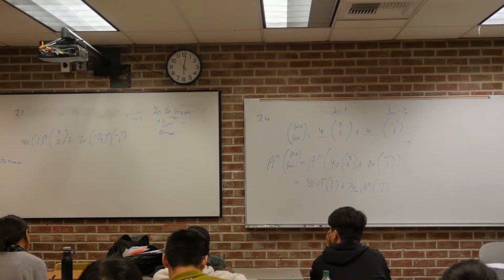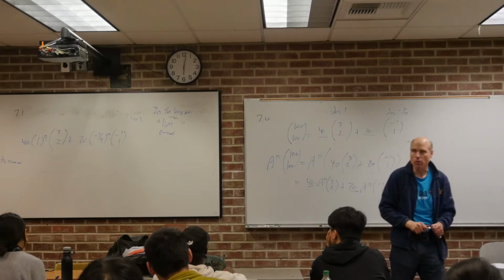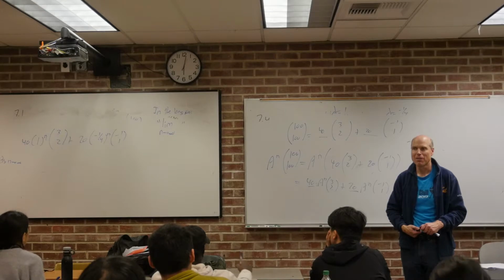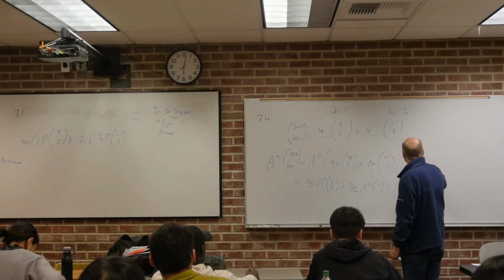As n goes to infinity, what happens to 1 to the n? 1, 1 squared, 1 cubed, 1 to the 4th. Where does that sequence end up? It ends up at 1.